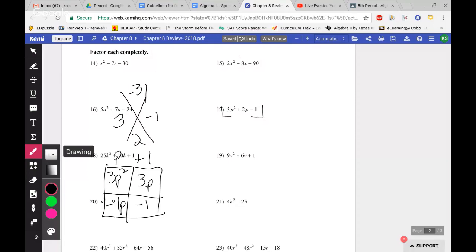What can I factor out of it? 3p, yeah. And then out of the -1p and the -1. So then what that would look like grouping, because you just write your terms.